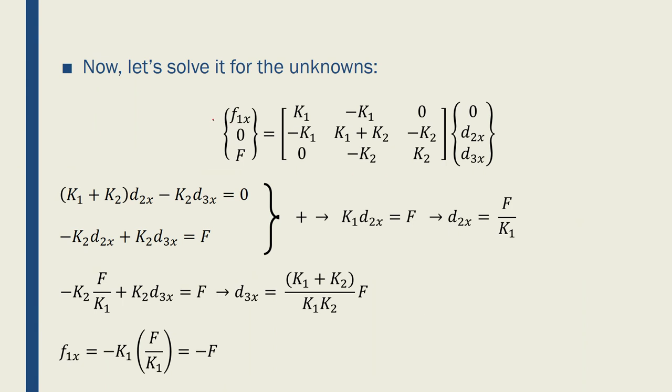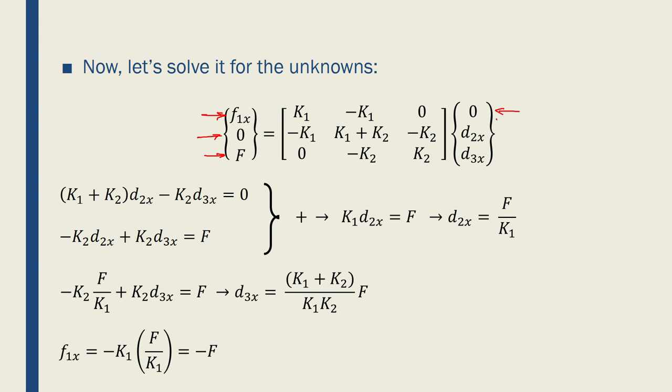Now we can apply the boundary conditions. We have a reaction force at node 1, which we presume that we don't know. We know that there is no external force applied to node 2, so that's 0. And we know that at node 3, we have a force applied, which is F in the positive x direction. This one was the stiffness matrix for the bar, and these are the displacements.